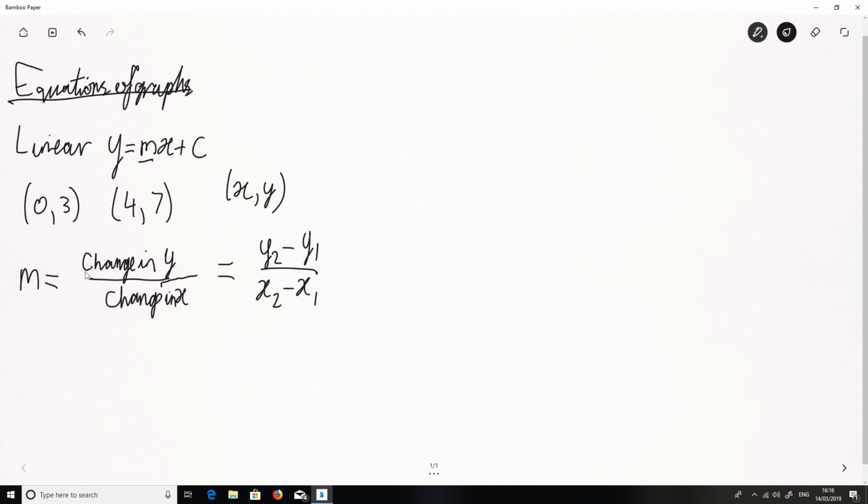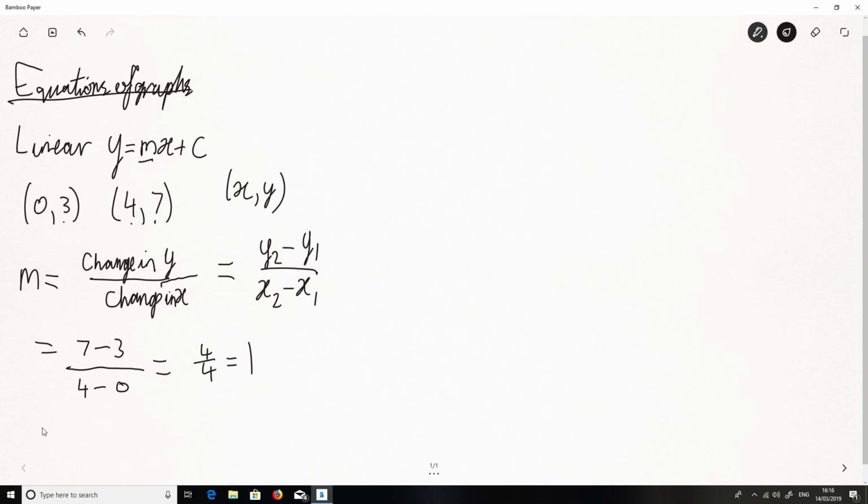So in the example we're going through, y2 we take to be 7, minus y1, which we take to be 3, over the change in x, so x2 here is 4, and x1 is 0. So that gives us 4 over 4, and that is equal to 1. So we know m in this equation, our gradient, is 1.